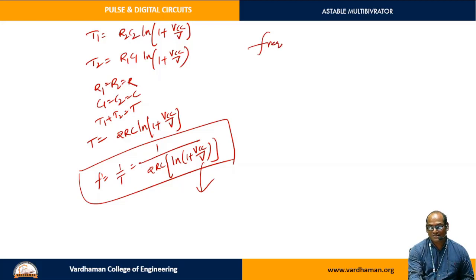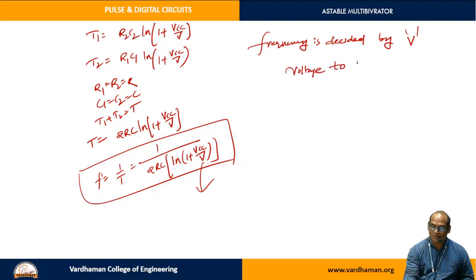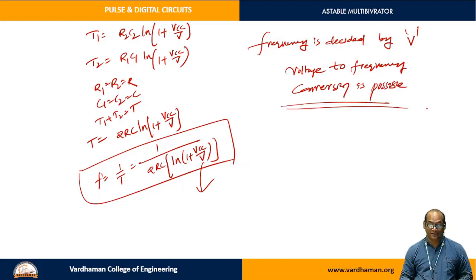Now the frequency is decided by capital V. That means voltage to frequency conversion is possible using this particular astable multivibrator.